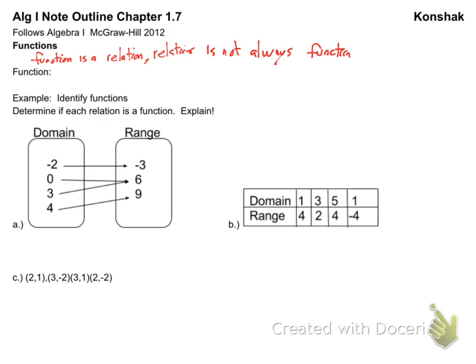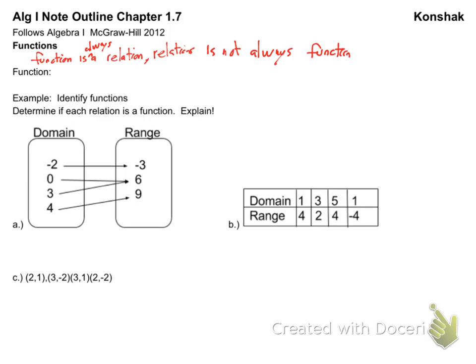So let me back this up. A function is always a relation, because it's a rule. But just because there's a rule doesn't mean it's a function. Okay? That's big. But that still doesn't explain what a function is.